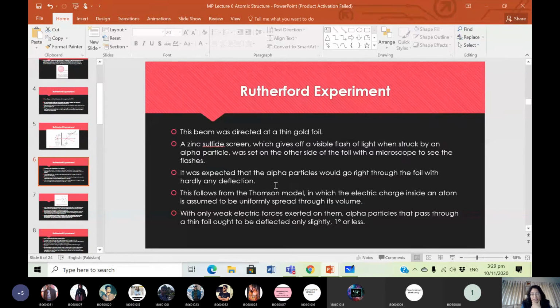Okay? What's the expectation from this experiment? That the alpha particles would go right through the foil with hardly any deflection.